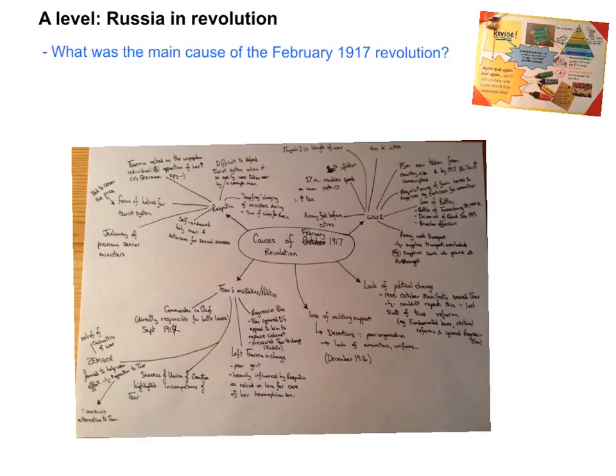So if it's asking you, was World War One the main cause of the 1917 revolution, you could say it was the main cause because although these other factors did X, Y, Z, ultimately World War One was the main factor because, or you could say, although World War One did this, that and the other, ultimately it wasn't the main cause because. Make sure you justify why you think it was or wasn't the main cause.